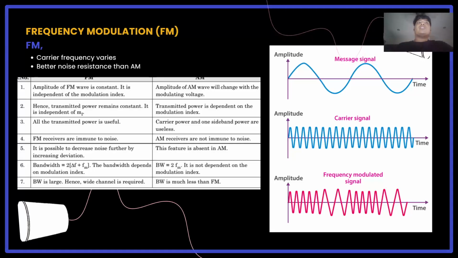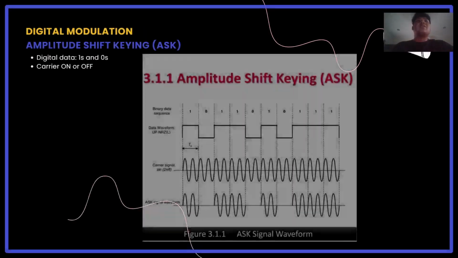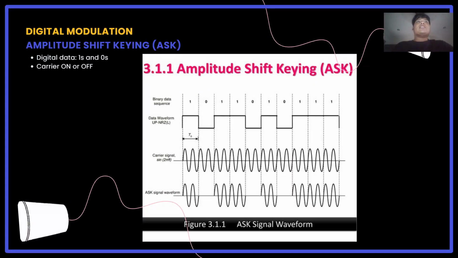So digital modulation, the second modulation for today, is first divided into two. The first thing is the amplitude shift keying, or ASK. ASK is the simplest digital modulation technique.